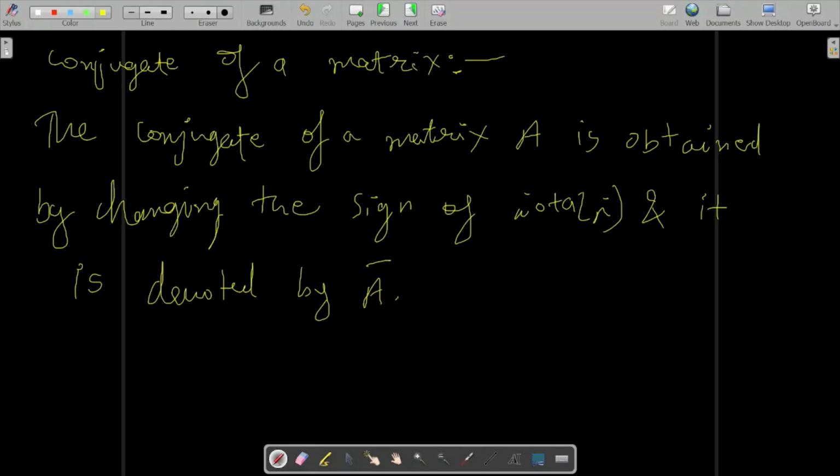So to find the conjugate of a matrix, whatever elements are there in the matrix, just change their iota sign.